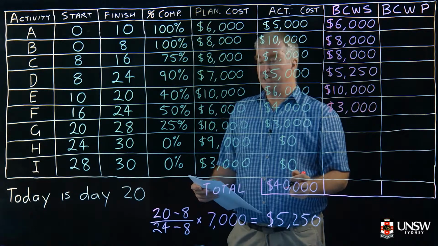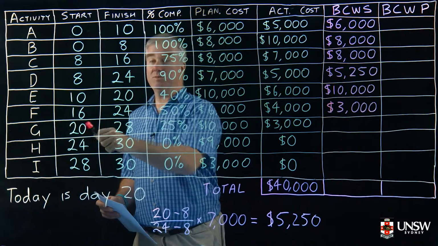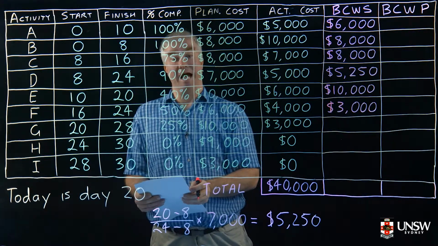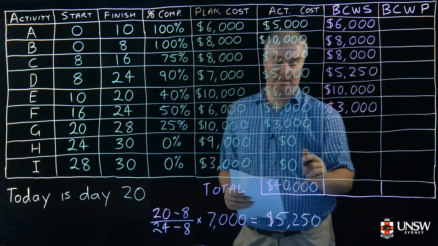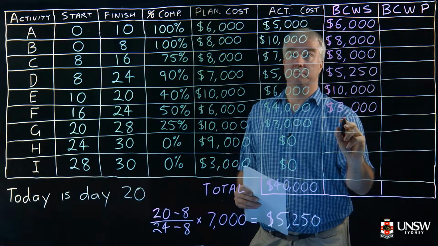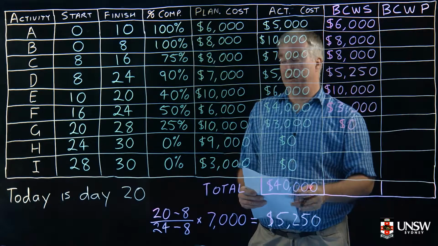For activity G, today is day 20. This is when this activity is supposed to start. So we haven't actually done any work, or we're not supposed to have done any work on activity G. Yes, we have actually done some work on it, but the plan says none.